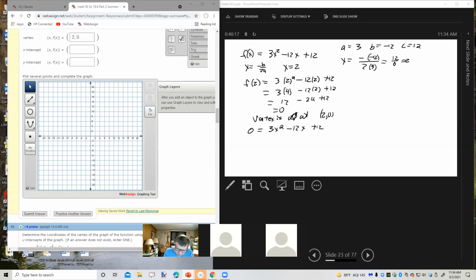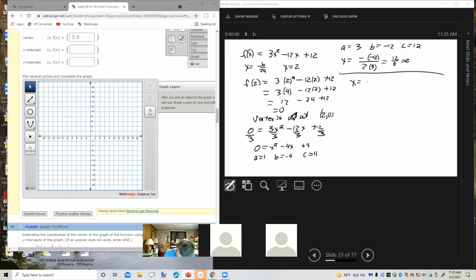Oh, I could reduce this thing down if I wanted to. You wouldn't have to, but if you don't do it at the beginning, you end up having to do it at the end. I can do it only in this context because it's set equal to 0. Okay, so now I've got what? A is 1, B is negative 4, and C is 4.